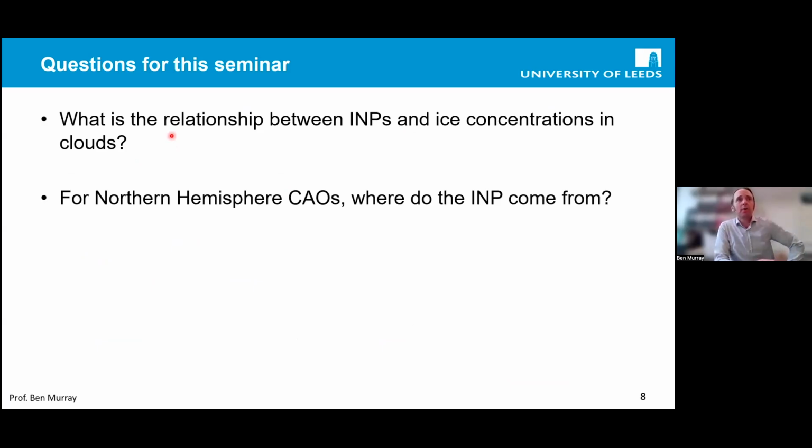And then I'm going to focus mainly on Northern Hemisphere cold air outbreaks, but also refer to the Southern Hemisphere, and where these ice nucleating particles come from. So just to make sure the acronyms are defined here, CAOs are cold air outbreaks. That's that situation where you've got the air streaming out of the high latitudes, forming cloud out over the ocean.